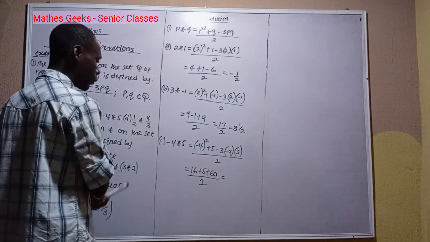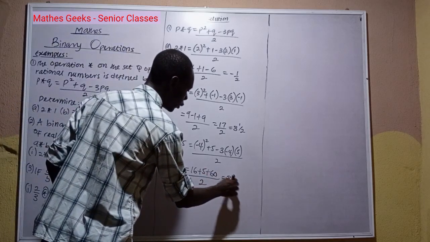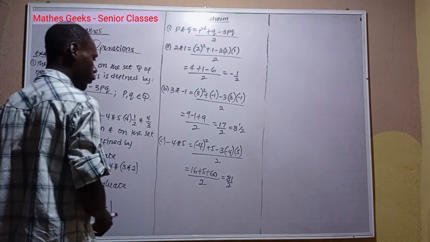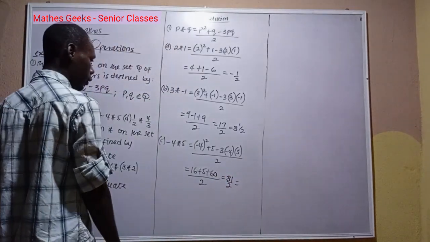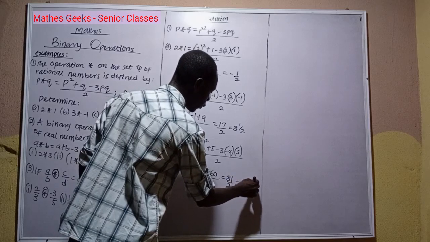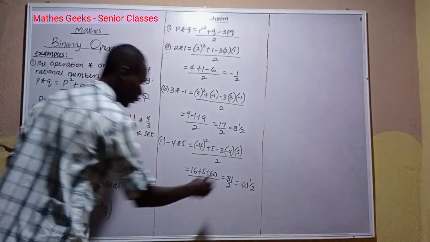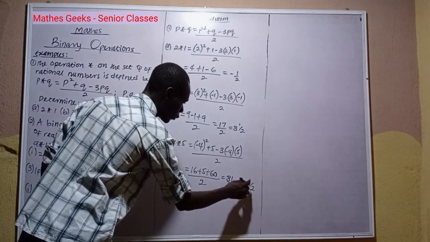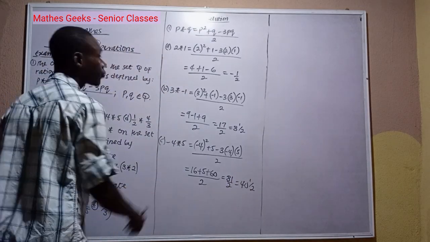So 16 plus 5 is 21, 21 plus 60 is 81, 81 over 2. Reducing it gives 40 and 1 over 2.